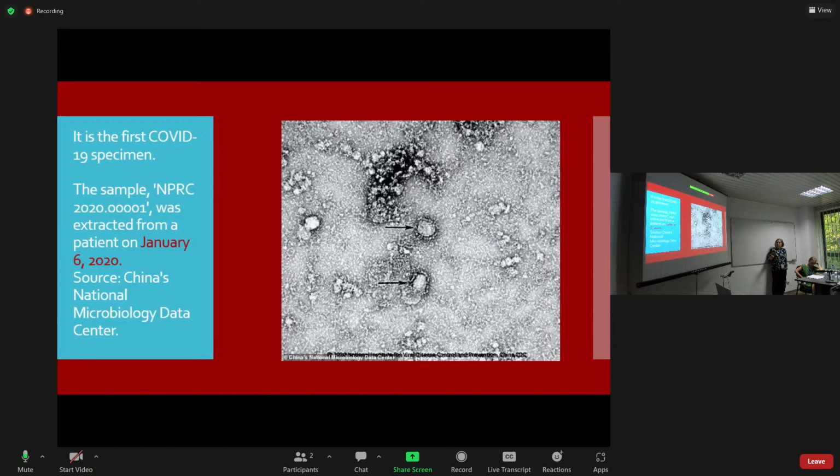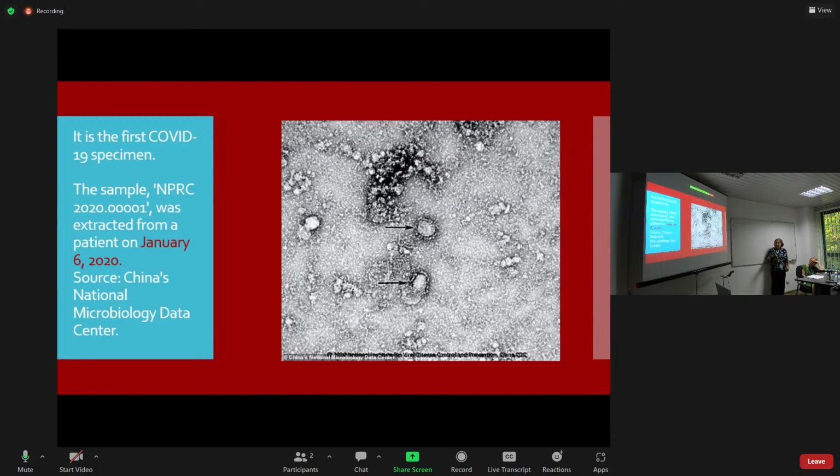This is the first image of coronavirus 2, SARS-CoV-2. We have clear spikes around the central particle, and this image directed the research to the coronavirus as the culprit for the 2020 pandemic.